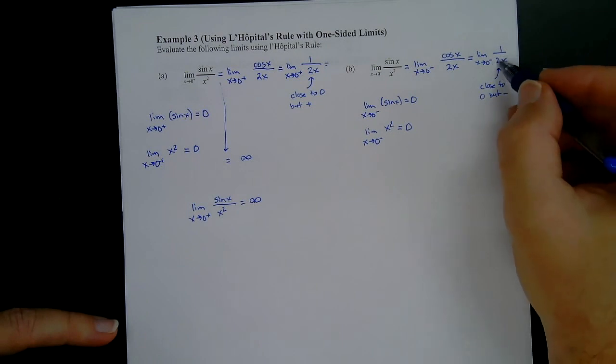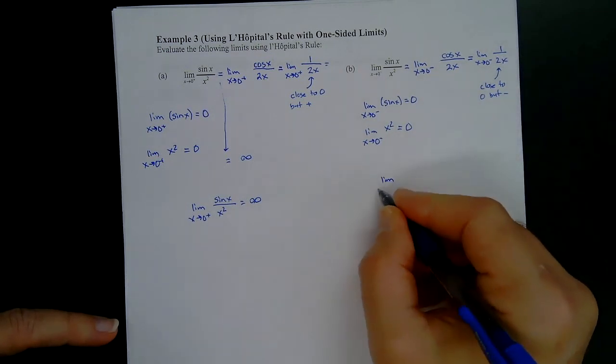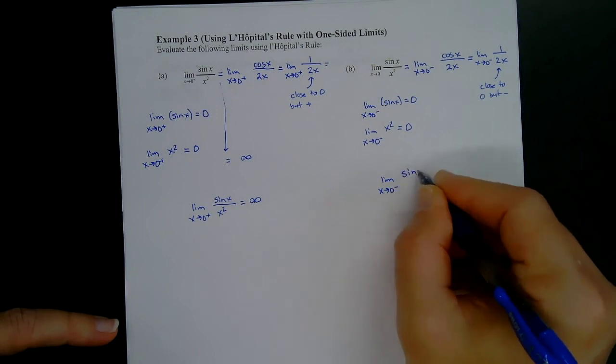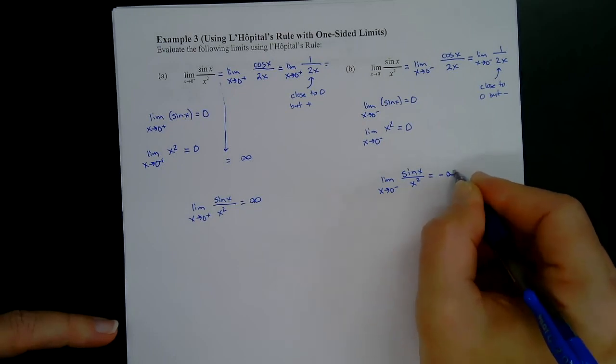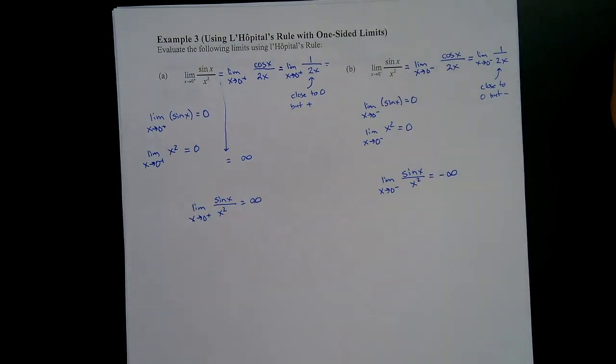And it's going to be really, really close to 0, which is going to make this really, really big, but negative. So what this tells us is that the limit as x approaches 0 from the left of sine of x over x squared is equal to negative infinity. So one of these is infinity and one of them is negative infinity, okay?